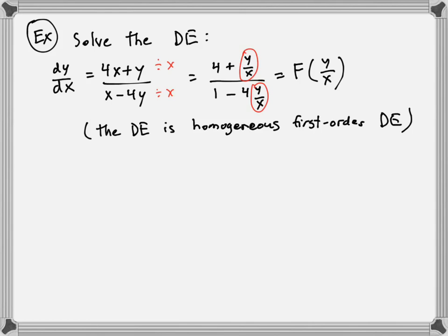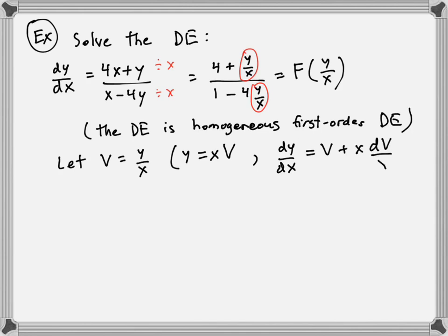Okay, so we're going to do our substitution. So let's let v be y over x, or you can also write this as y equals x times v. And then just go ahead and do your product rule. This means that dy dx is equal to v plus x dv dx. So let's go ahead and replace it, okay?